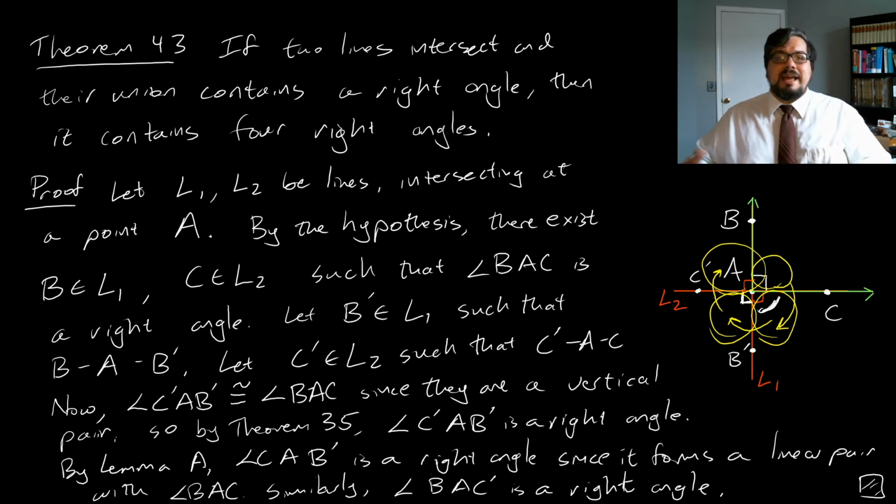After that, go through again and see, all right, can I write this in a different way to make it clearer? And then once you've got it as clear as you can, then you can start asking, all right, can I make this shorter? Do I have redundant arguments in my proof, like I do here? The proof of Theorem 43 here has redundant parts because I use one argument using vertical angles to get one of my right angles to exist, but then I use a different argument to get that a couple of the others exist.